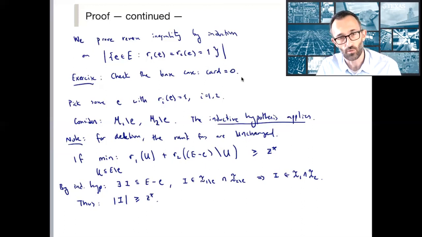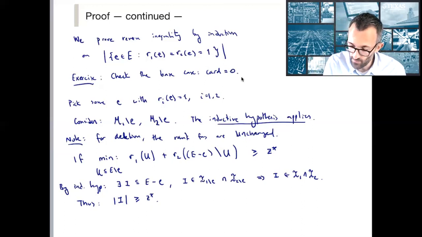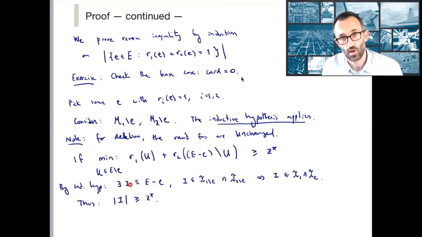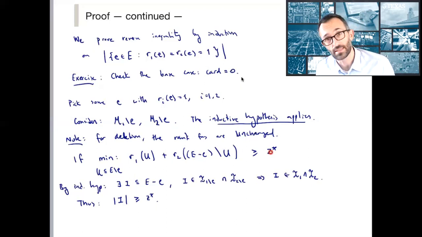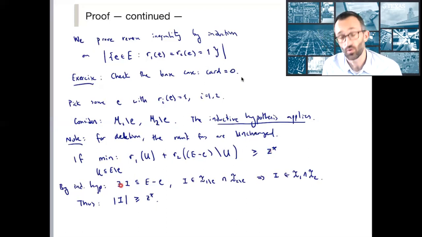When it applies, in other words in the smaller matroid, it tells us that there is some I whose cardinality is equal to whatever this value is here. That's how I got this. So there has to be an I, because we're in a smaller matroid, whose value is equal to this minimization. So if this minimization is bigger than Z star, then that I also has a value that's bigger than Z star. And since we already saw that I is always less than or equal to Z star, we have equality, and therefore we've proved the inductive step.